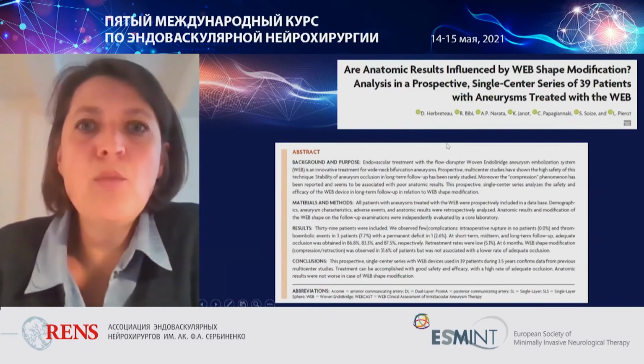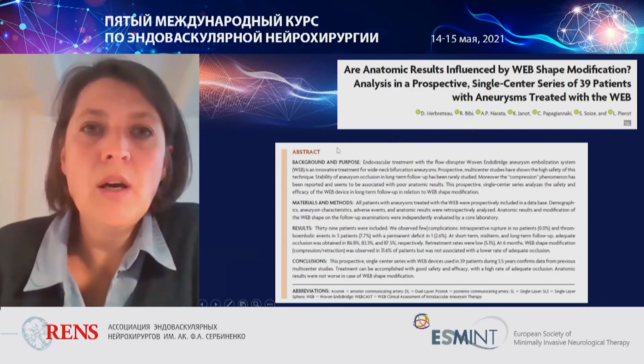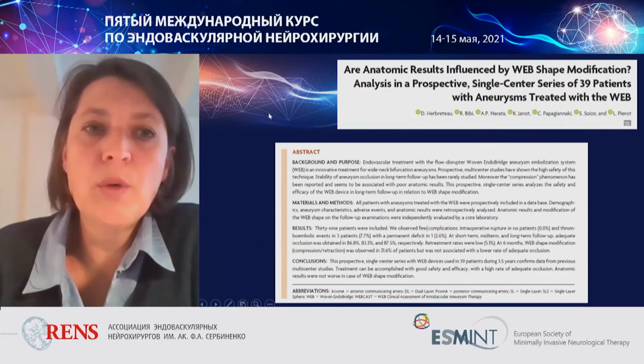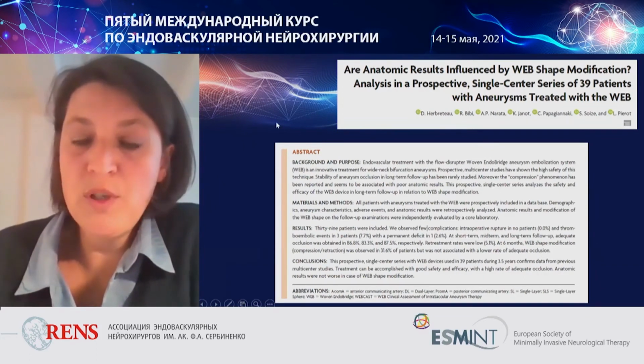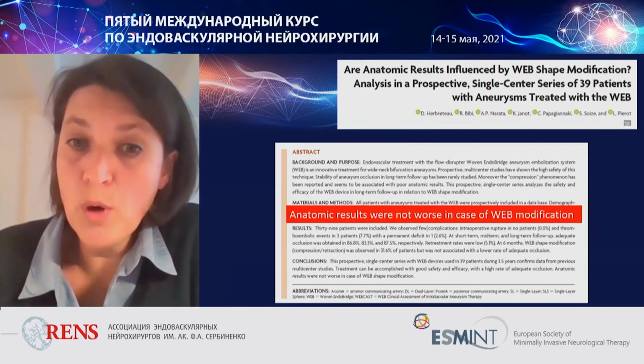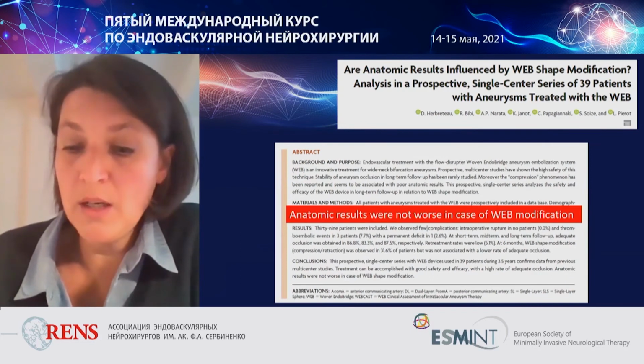And that's the aim of this paper I found. They explored the anatomical results regarding the shape modification. And finally, anatomical results were not worse in case of web modification.